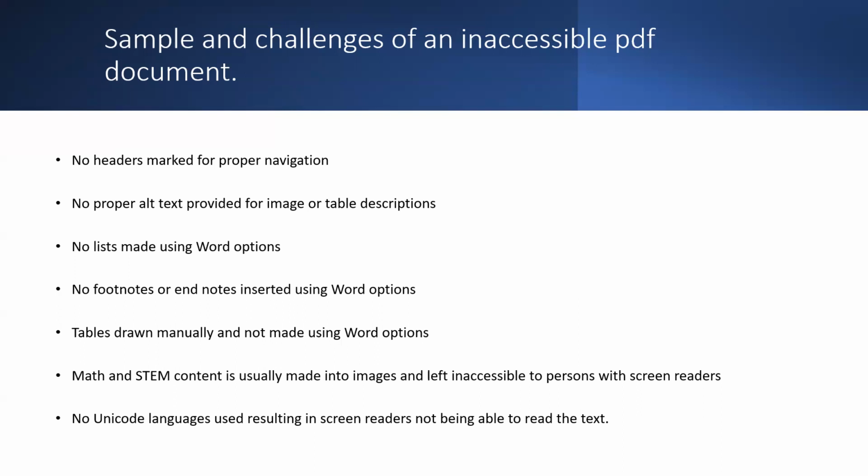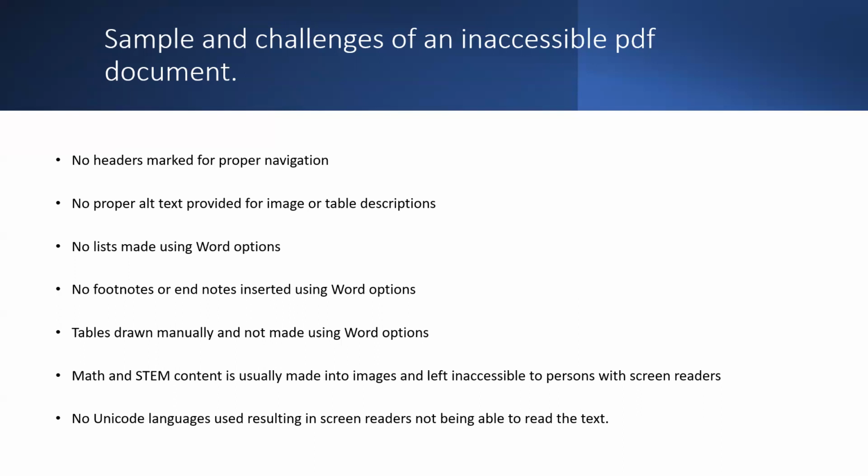So math content is completely out of the way for visually impaired children who are using screen readers if it is not made accessible. And then comes the last and a very important point of using Unicode languages when we are writing anything in the Word file to make a PDF or an EPUB file. If we do not use Unicode languages, the text that we see in a PDF file will look like proper language text, say English or any vernacular languages.